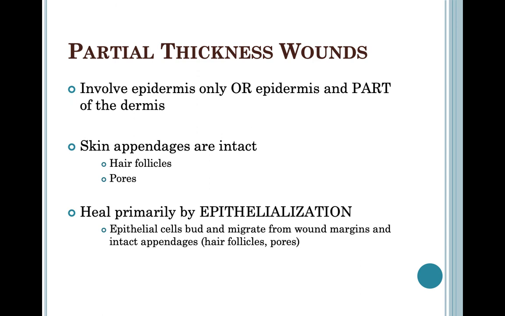Partial thickness wounds heal primarily by epithelialization, which means that the new keratinocytes and epithelial cells bud and migrate from the wound margins and the intact appendages. And as they begin to proliferate, they come together, and as the defect closes, the mitosis of those new keratinocytes stops because of contact inhibition.